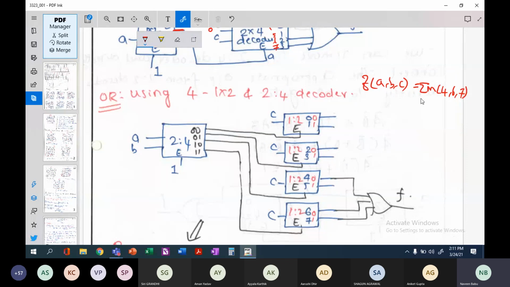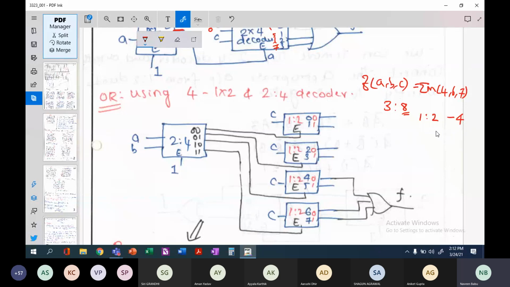Now you have to implement the same thing using 1:2 decoders and 2:4 decoders, which means that normally this can be implemented using a 3:8 decoder. Instead, if I use 1:2 decoders, how many decoders do I want? Because 2 outputs are here and 8 outputs are required, I will need 4 number of 1:2 decoders.